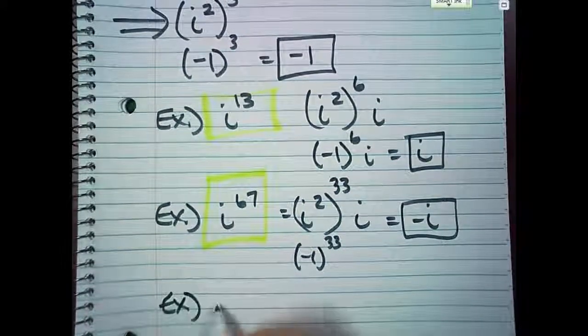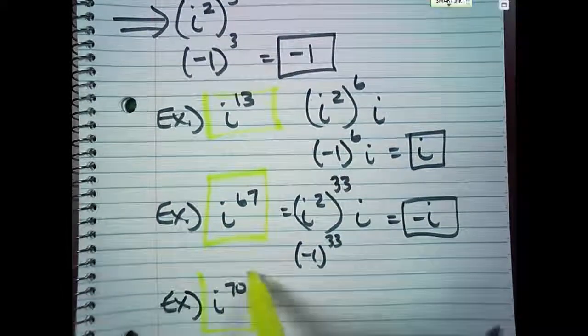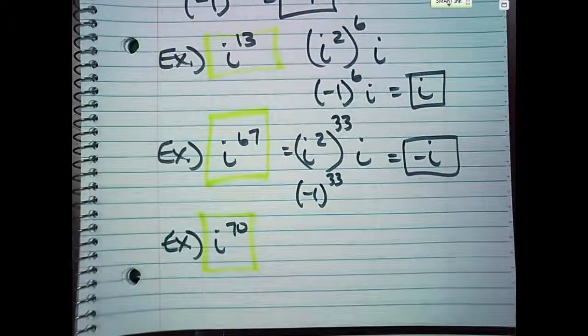Try one more by yourself. How many groups of i squared can you pull in? And then decide if there's any left over. If there's no left over, your answer is just going to be positive or -1, because they fit in perfectly, like the first one we did.